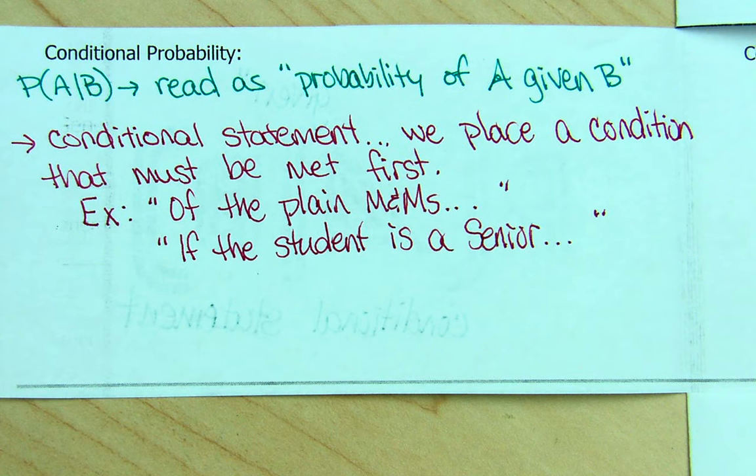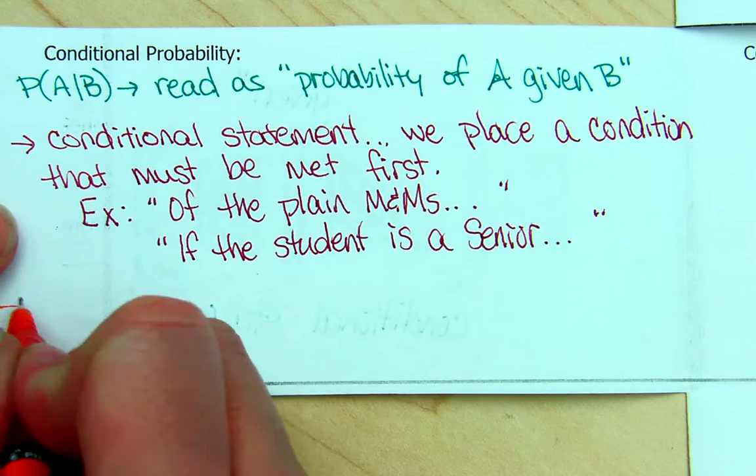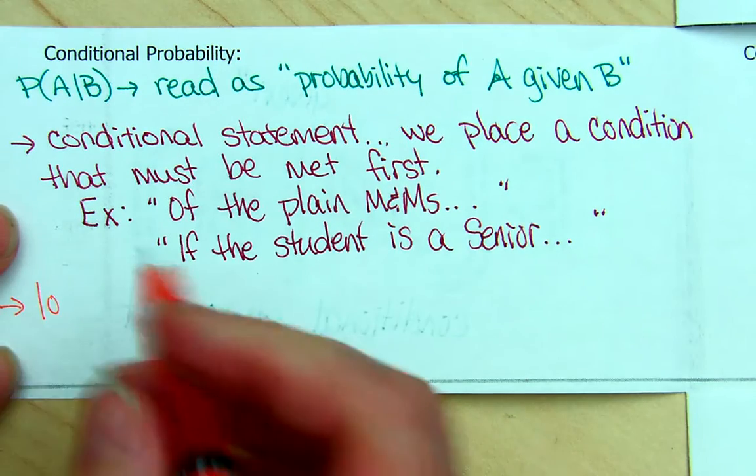Something like that would be a conditional, because we're only looking at the seniors and then we're finding a probability within that group. So often you'll see something like that at the beginning of the question, and that's going to tell you we're talking about a conditional probability. This is where we're looking at a specific subset of data.